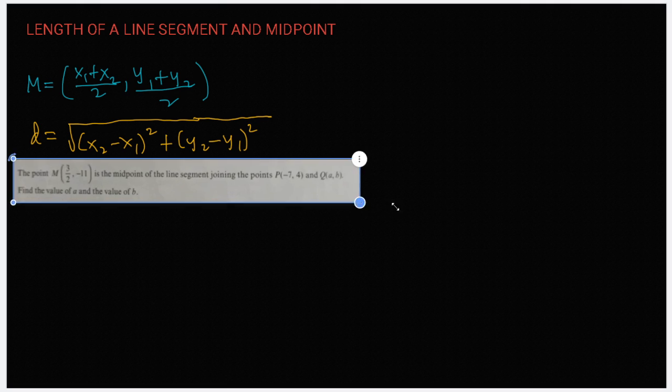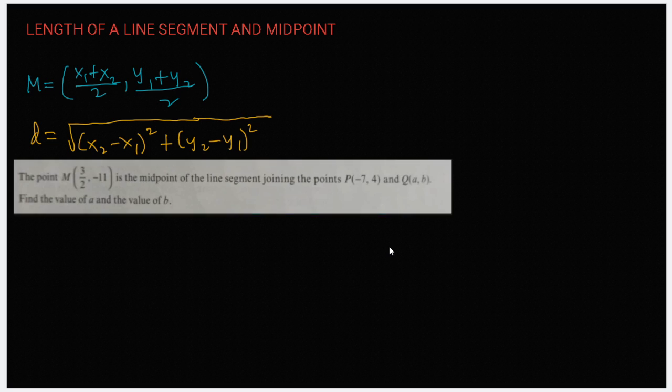Okay, suppose we have this given problem. The point M (3/2, -11) is the midpoint of the line segment joining the points P (-7, 4) and Q (a, b).